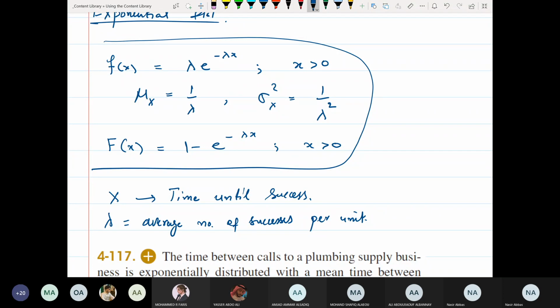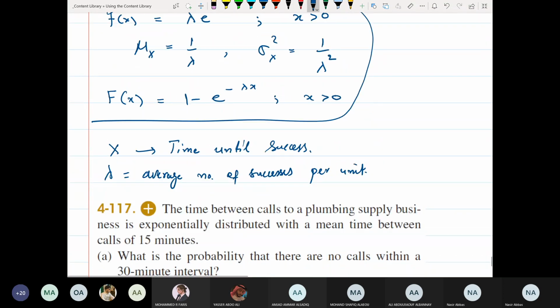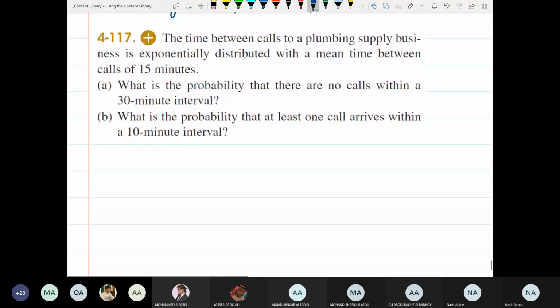This is similar to the lambda of the Poisson distribution, but later I will go into that story. So let us read this question and try to identify the value of lambda. It is very clear from the question that X has an exponential distribution. They use the word exponential, and most of the times they will use the word exponential, with the mean time between events to be 15 minutes.